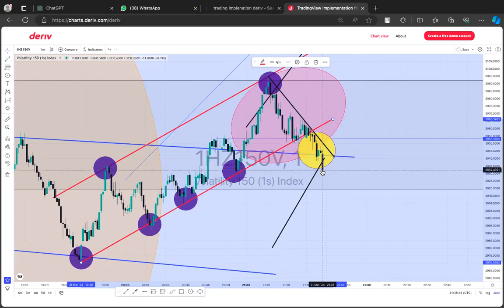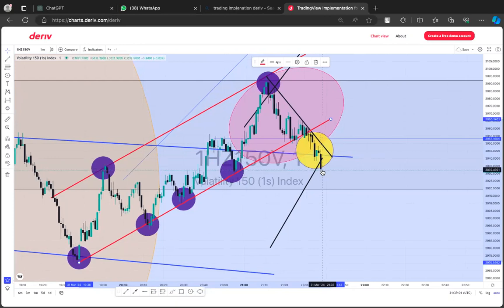Can you see now? We're not just making decisions. We're analyzing to be sure of everything we are doing. Now, the candlestick ended with a real body inside the price. You understand now?